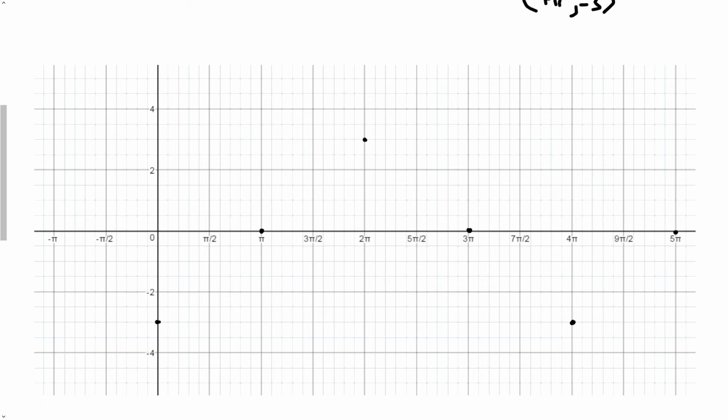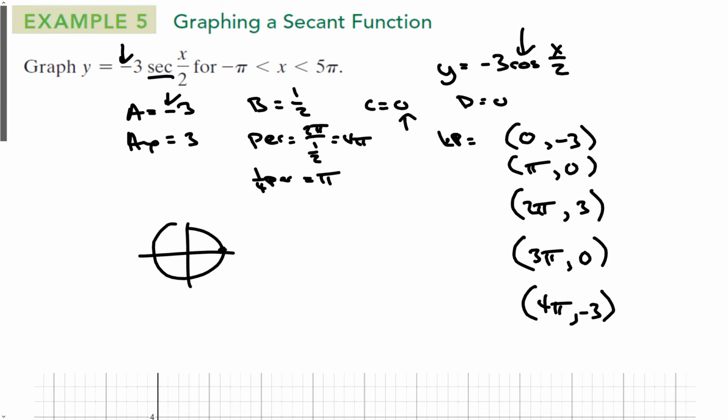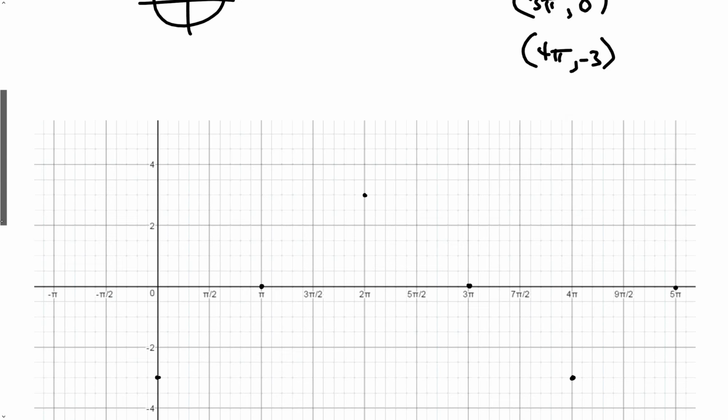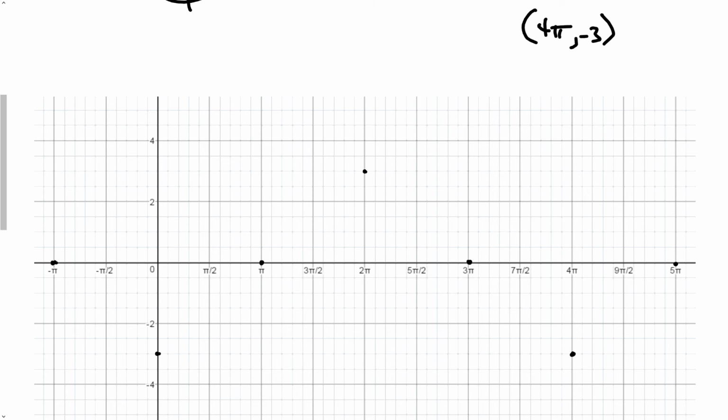Let's go to 5 pi. The question said to graph it between -pi and 5 pi. And so this one continues the curve right up there. Remember we're graphing the cosine curve, so I'm going to graph it with a dotted line.